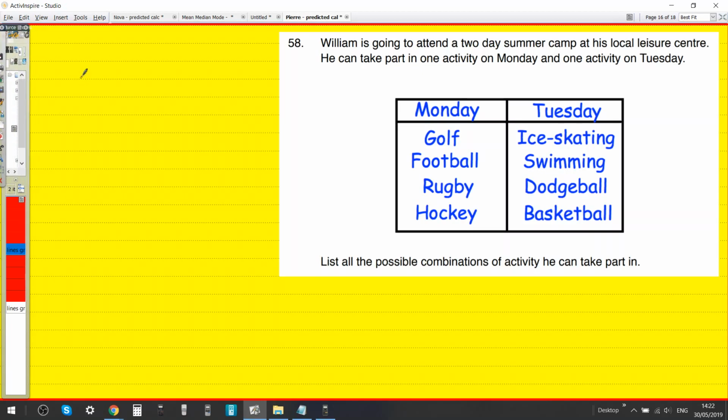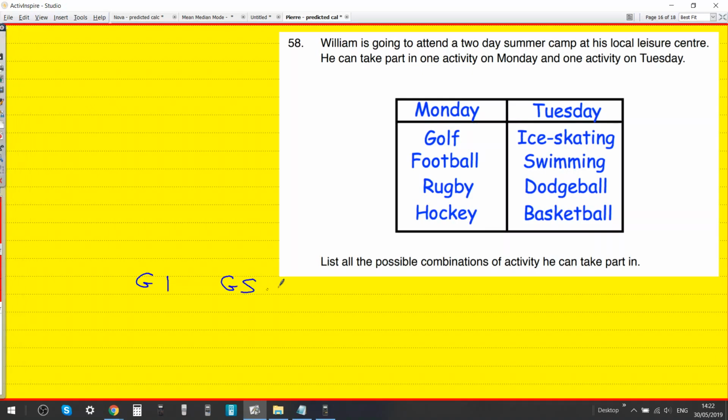List of possible combinations. So with this, it would just be golf, ice skating, golf, swimming, golf, dodgeball, golf, basketball, and then you move down to football.